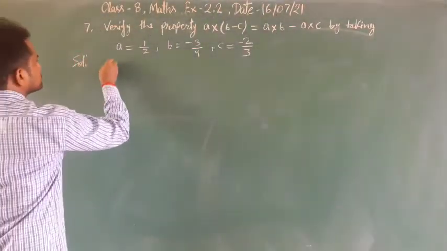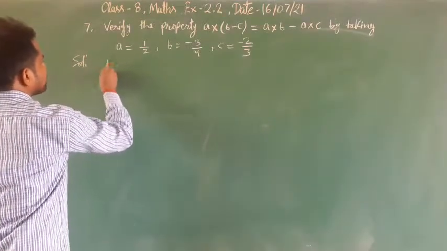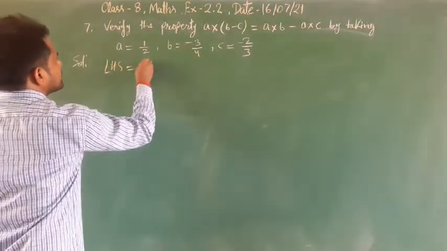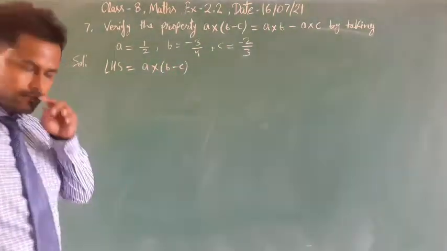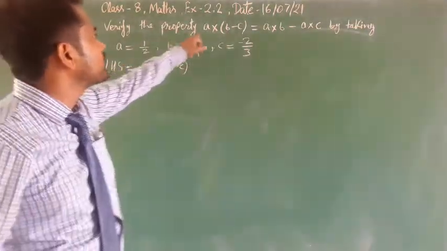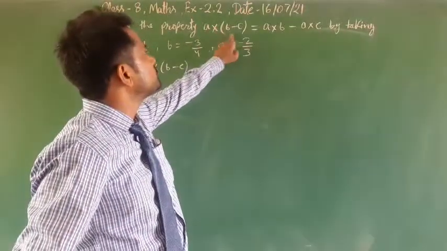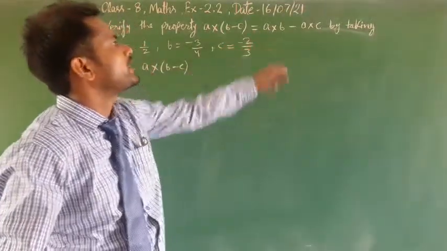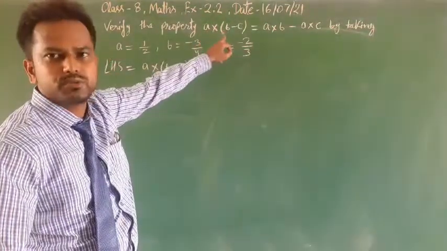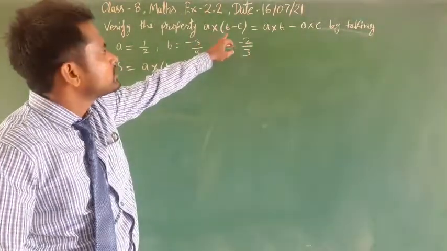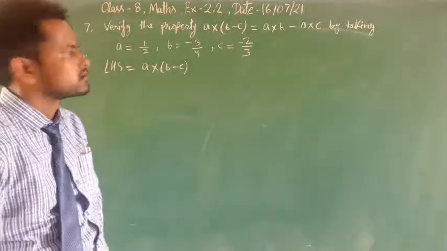Let's take the left hand side, that is A into (B minus C). In this question you have to verify this property: A into (B minus C) is equal to A into B minus A into C. This is the distributive property over subtraction of rational numbers. Got it?